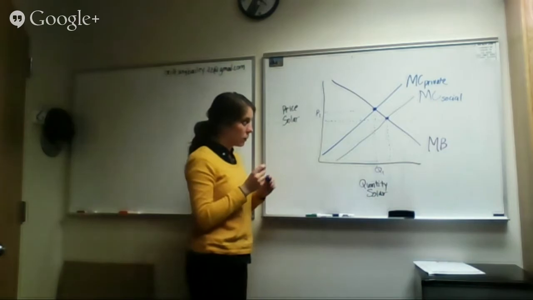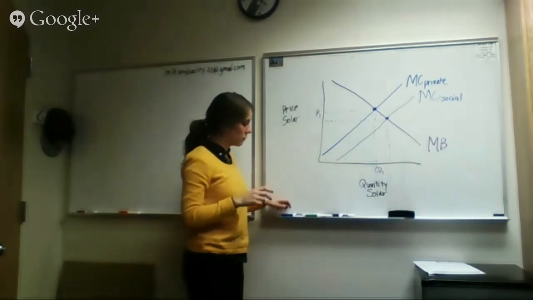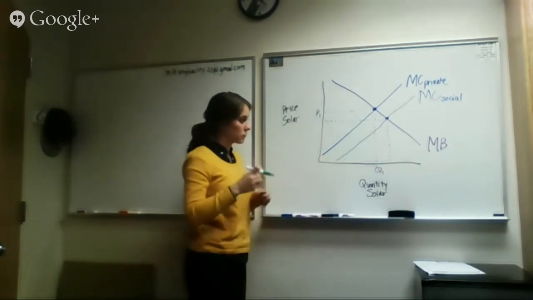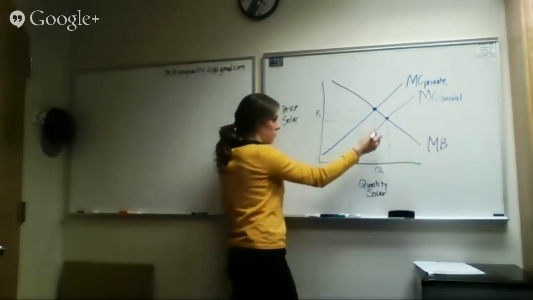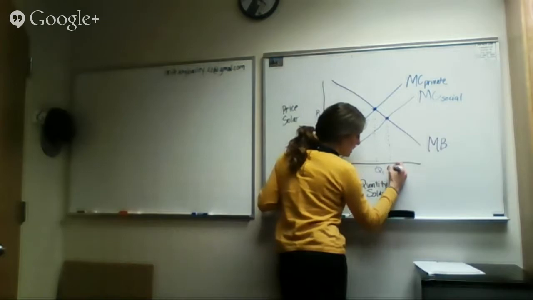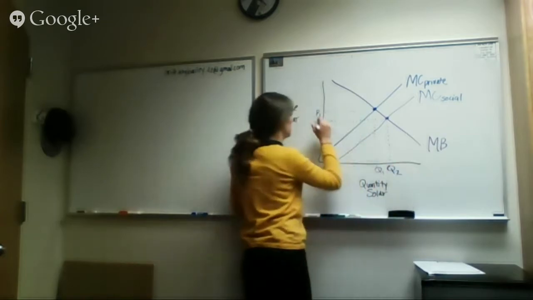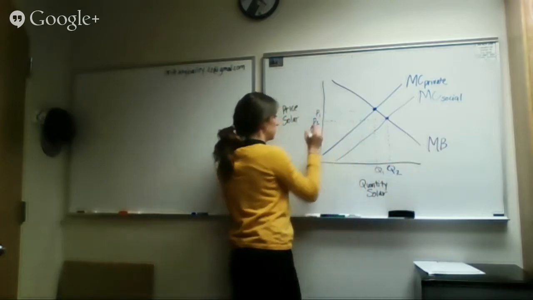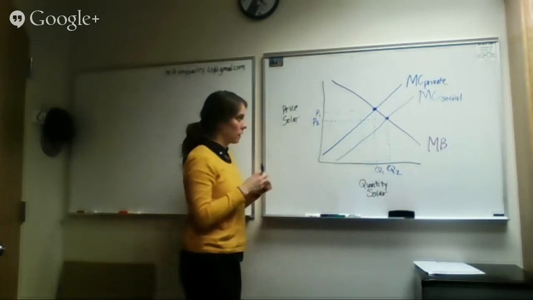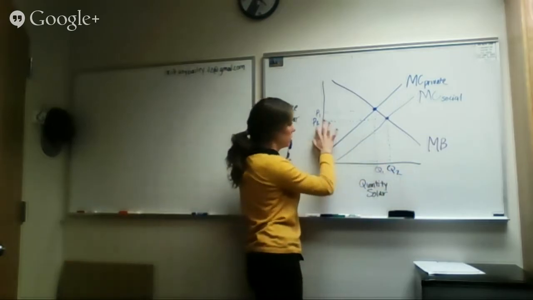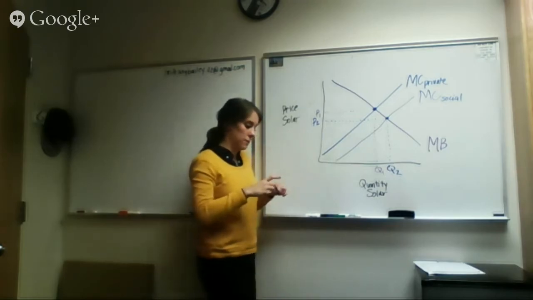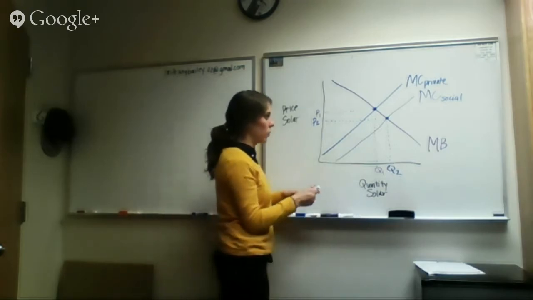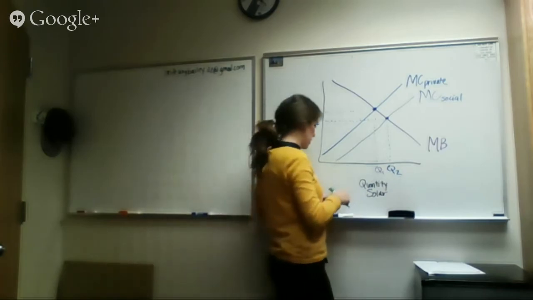And to do that, they're going to implement a subsidy. At this new point where the government wants them to produce, we have P2 and Q2. So this is the new quantity and new price where the government would like them to get to. Then we're going to look at the place on the marginal cost curve.